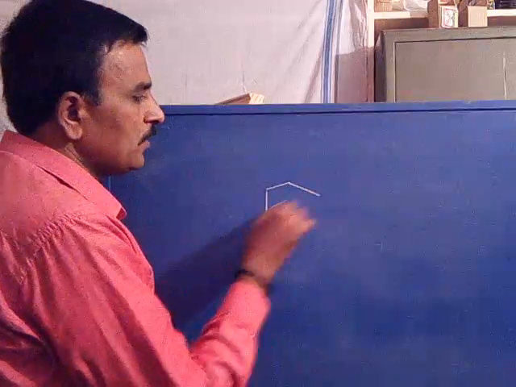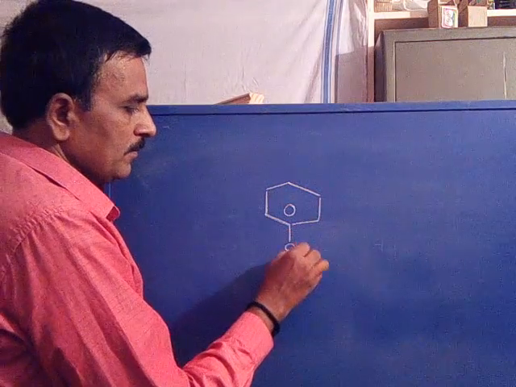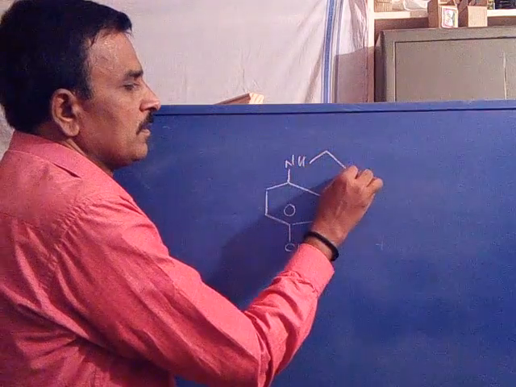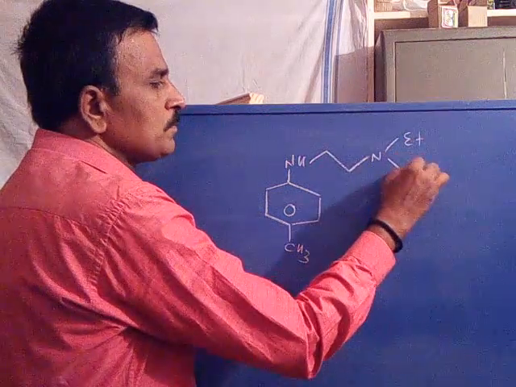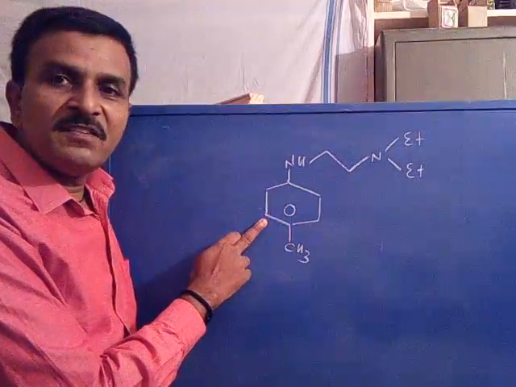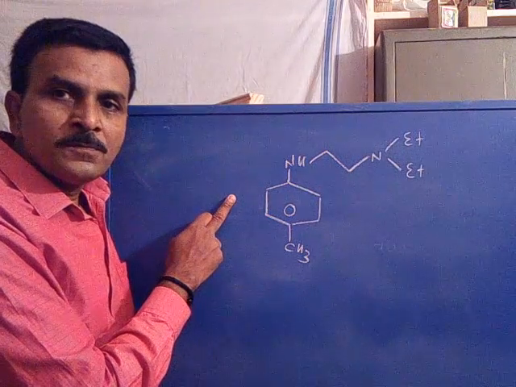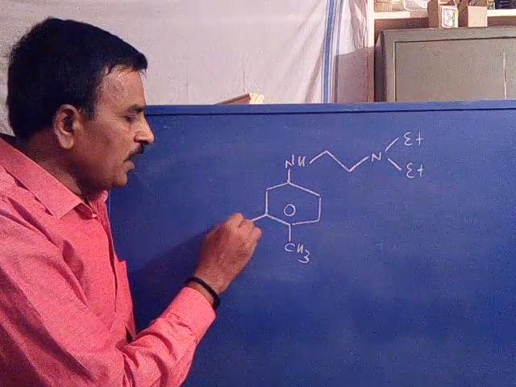After removing the two rings, ring A and ring B, NH, now this is ring C. Ring A and ring B were removed. In place of sulfur, chlorine is placed.